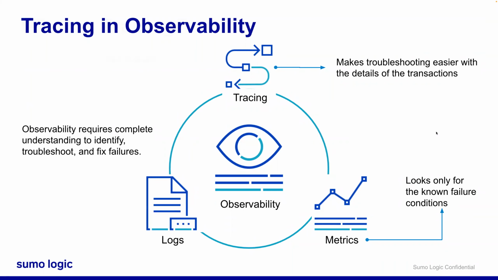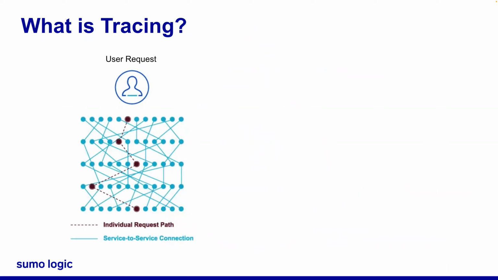So what is tracing? Tracing is a significant technique used in monitoring modern applications that use distributed microservices architectures. A transaction trace is going to give us a detailed snapshot of a single transaction lifespan across our application environment.